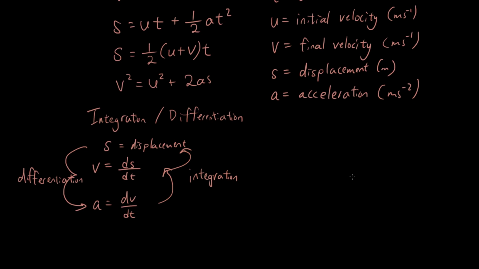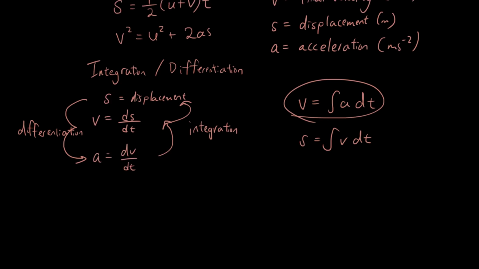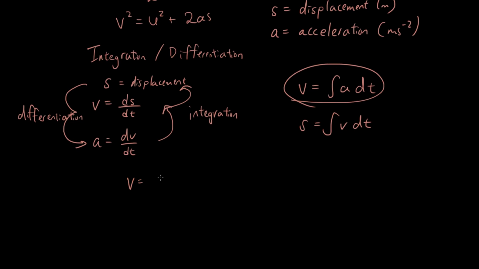We write it like this: the velocity is equal to the integral of a with respect to time, and the displacement is equal to the integral of velocity with respect to time. So let's start with this equation here: v is equal to the integral of acceleration with respect to time.